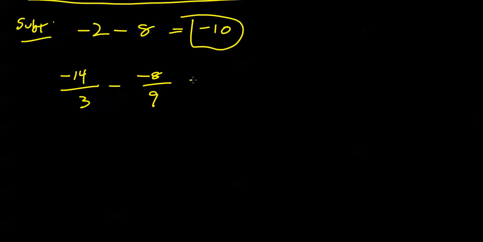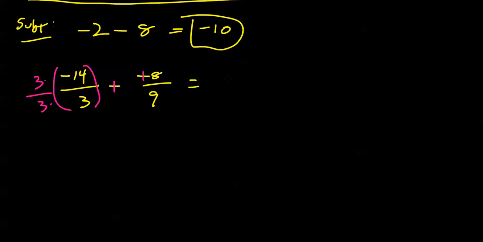Well, of course, to add fractions, positive or negative, you need a common denominator. Well, I think we'll see right off the bat that when you subtract a negative, it's equivalent to adding the positive, or adding the opposite of minus 8/9. That would, of course, be 8/9. Alright, so things look better already. I'll want to multiply top and bottom here by 3 to get a common denominator of 9, right?